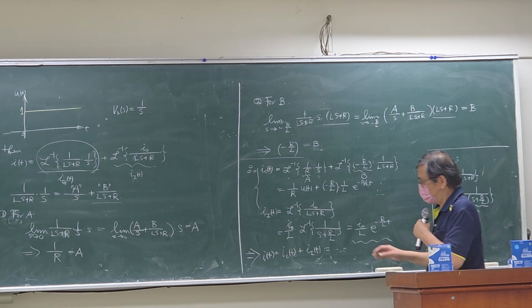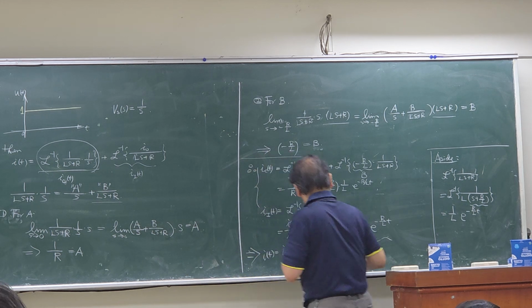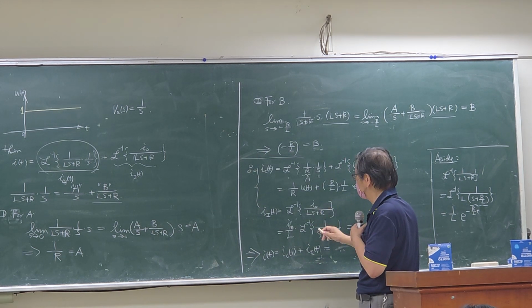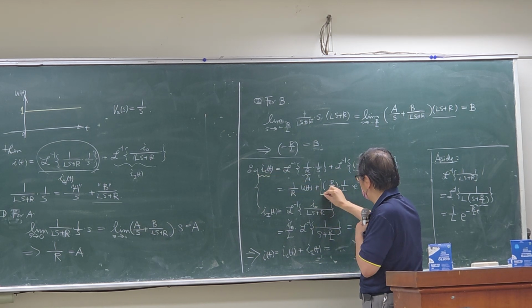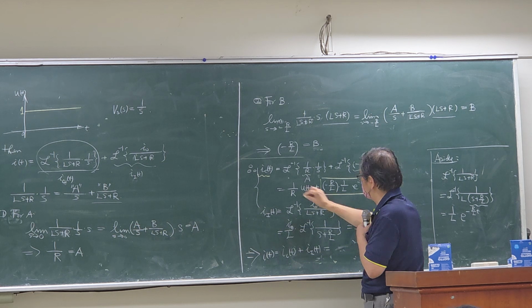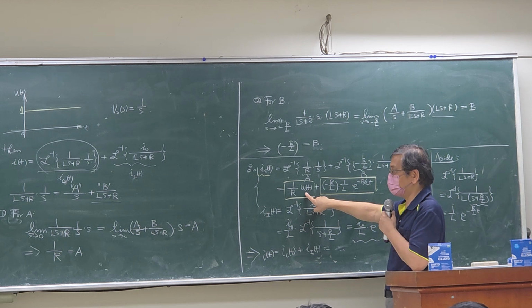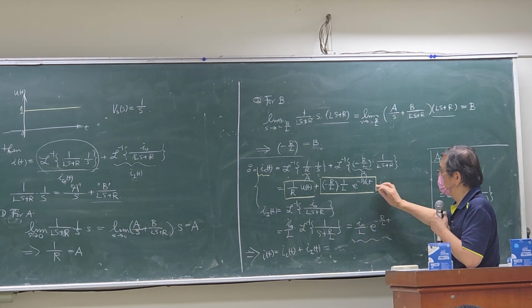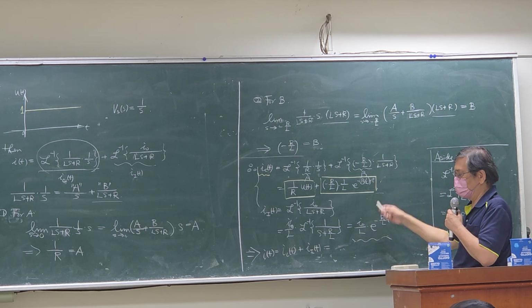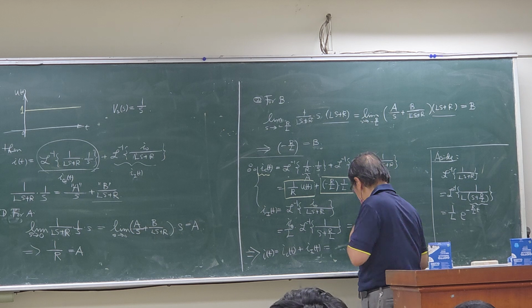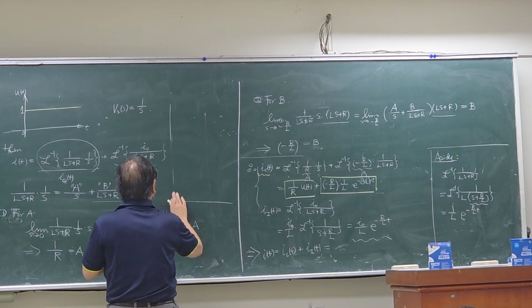Now, from the time function, you can see one more comment here. The I_L(t) involves two terms. This is a unit step, and this is an exponential decay.